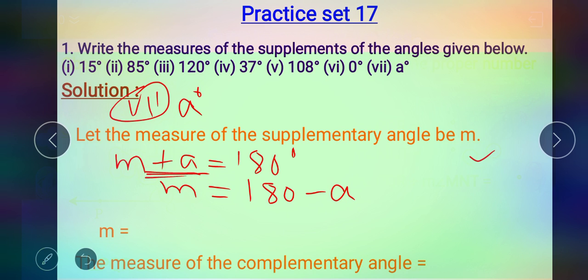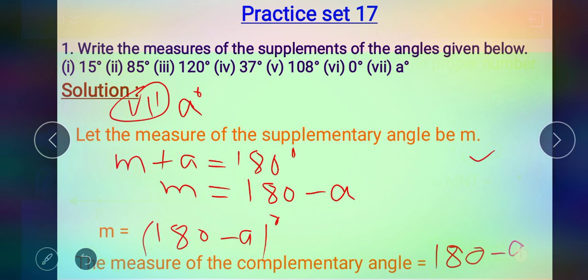When you change the side of a, it becomes subtraction. We'll get m is equal to 180 minus a degrees, students.